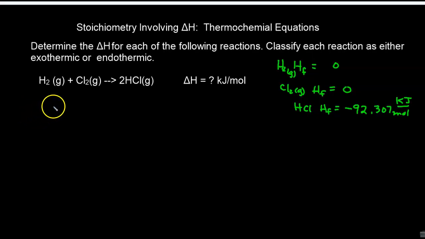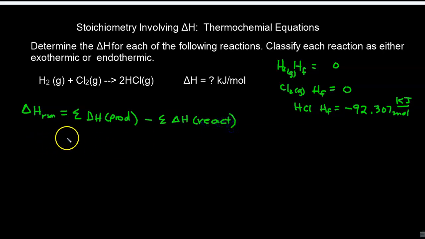Okay, so we're back to our problem. So let's get our formula down. We know that our delta H of our reaction is, again, the sum of the delta H of our products minus the sum of the delta H's of our reactants.